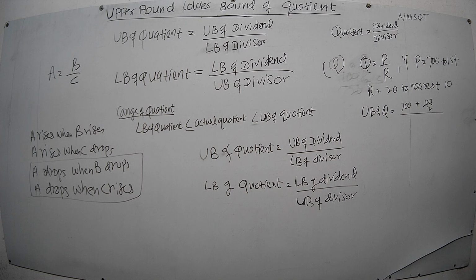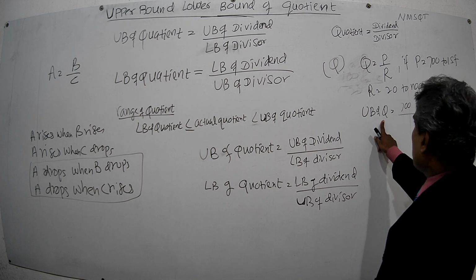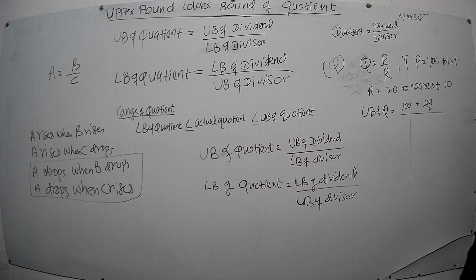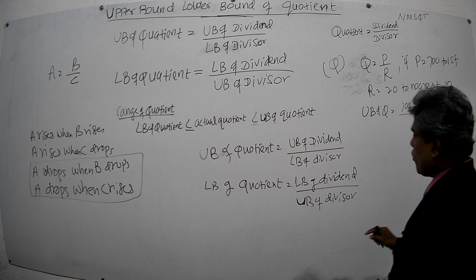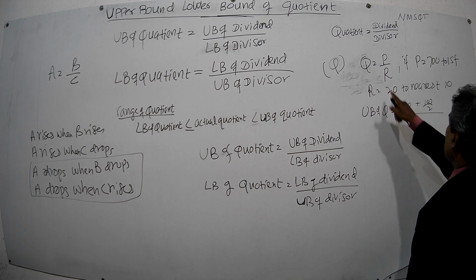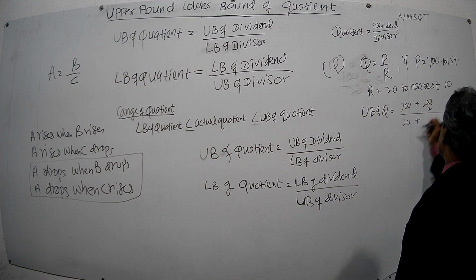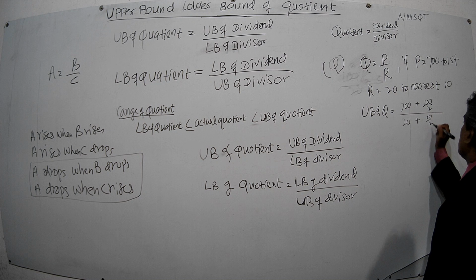The other one: the upper bound of the quotient has the denominator as the lower bound of the divisor. The divisor R is 20, and the degree of accuracy, correct to the nearest 10, is 10, so 10 divided by 2.